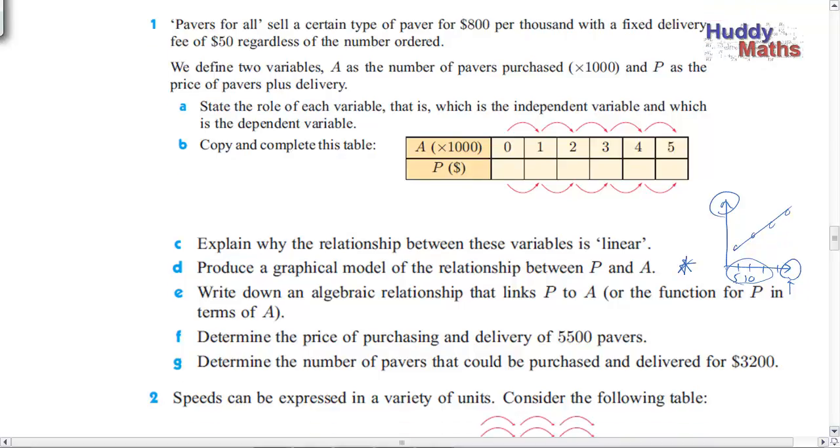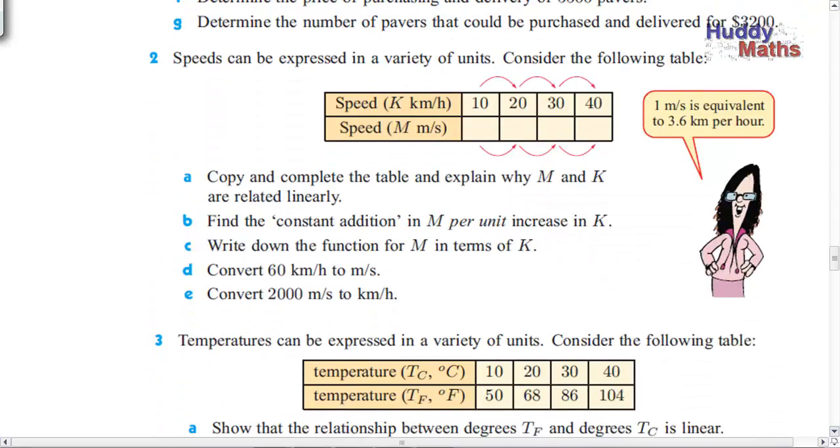Let's go down to question 2. Question 2 is setting up a table, and have a think about that one. Converting speed in commas now to meters per second. A little bit of help over here.